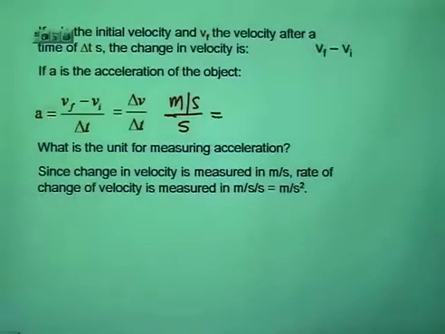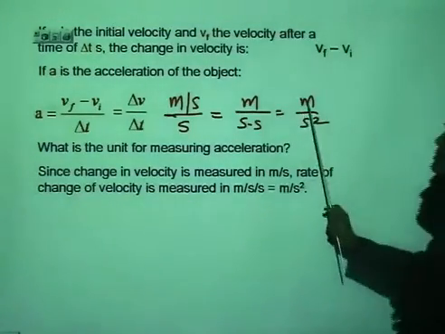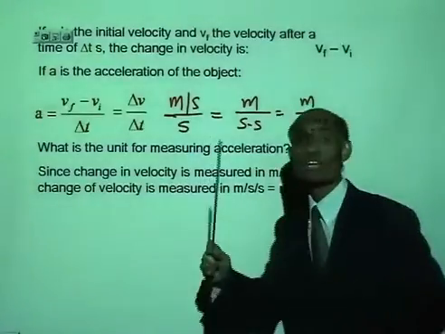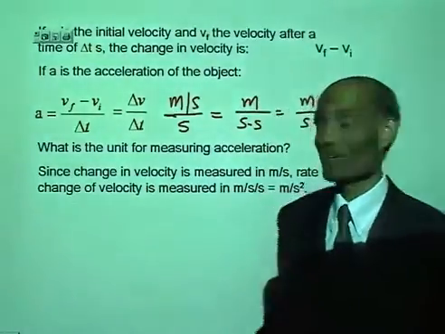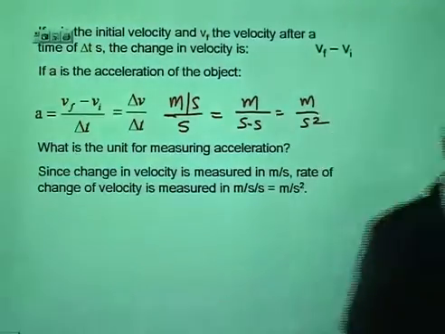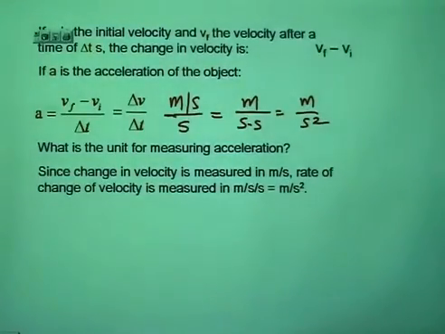And you know that becomes meter per second times second. And that will be meter per second squared. The unit of acceleration is meter per second squared. All right. Okay, let me take that away from the screen.